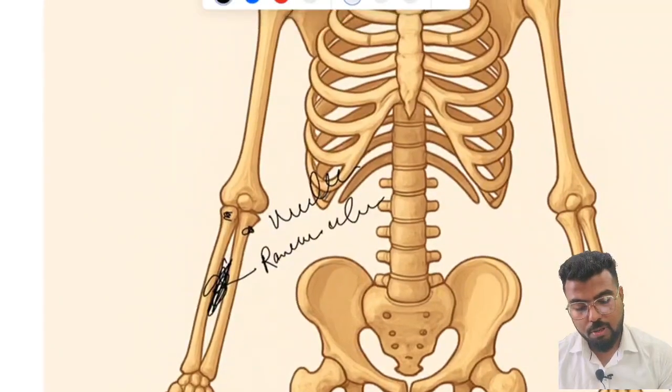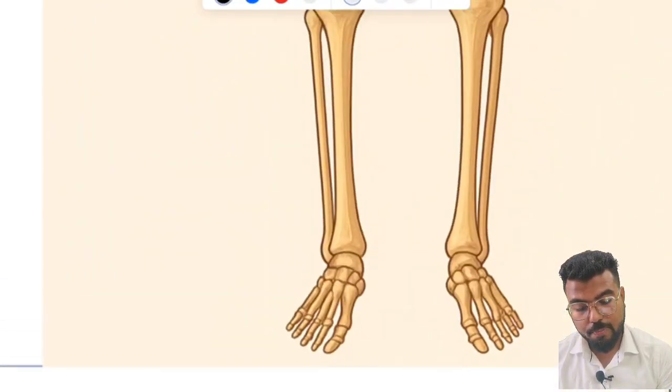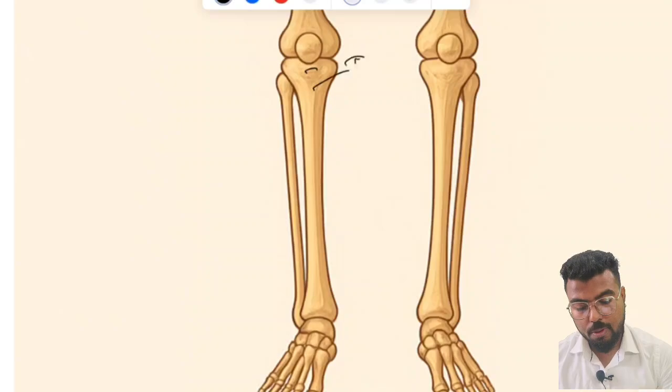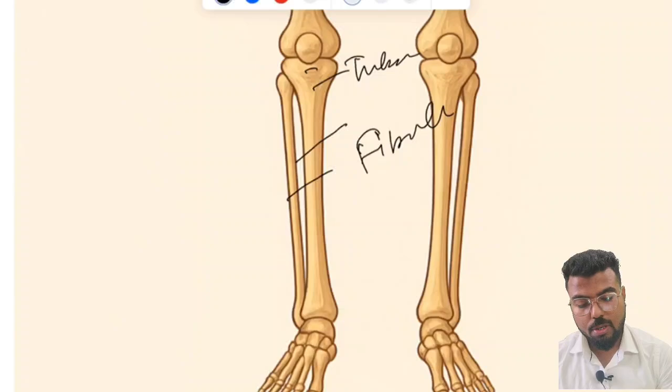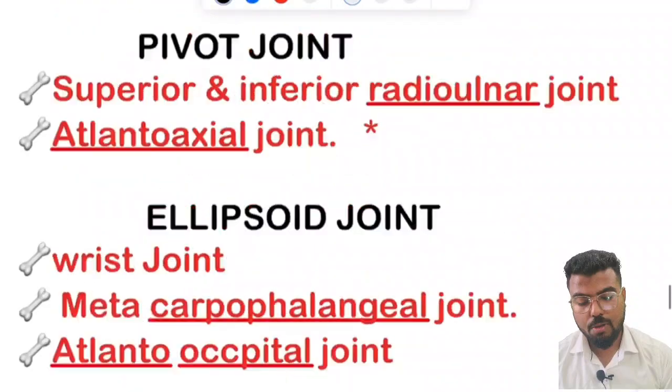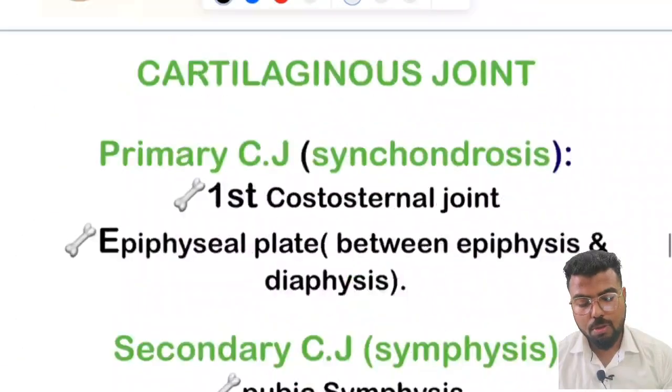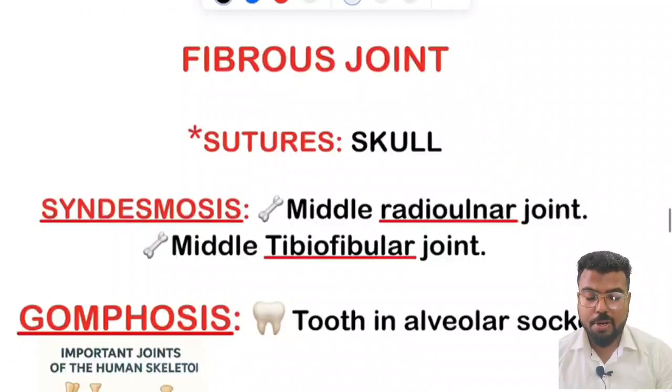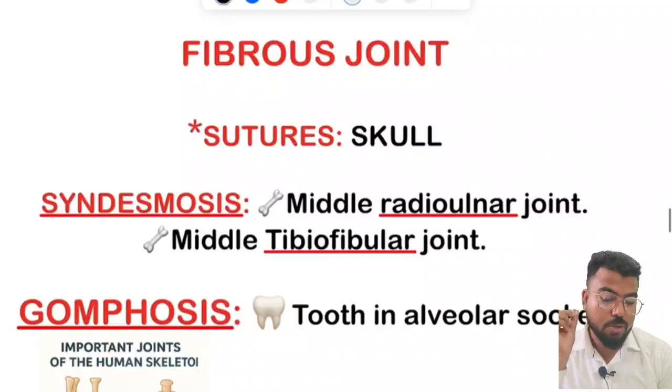And this one is the tibia, and this is the fibula. Between them, this joint is the tibiofibular joint. Okay.